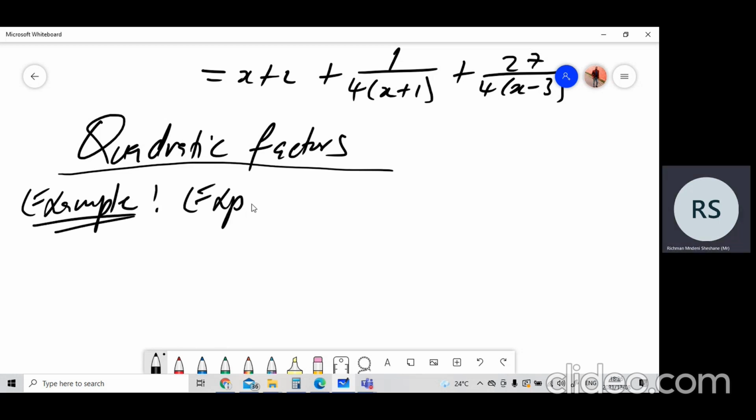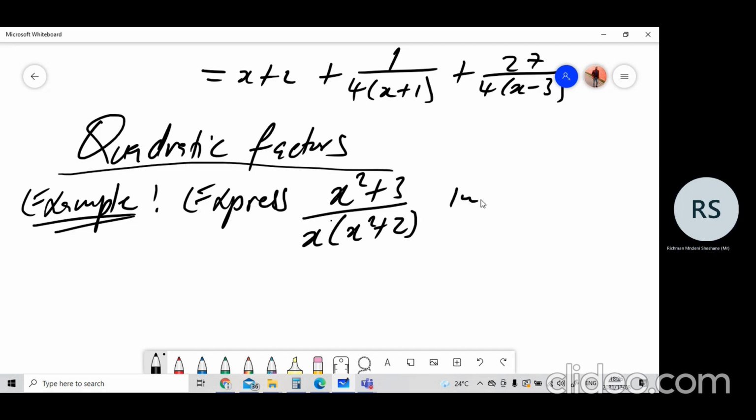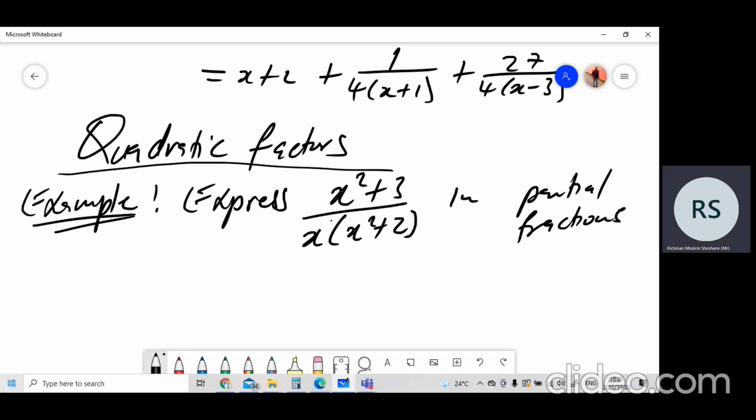Let's say we want to express (x squared plus 3) over x times (x squared plus 2) in partial fractions. We want to express this expression into partial fractions.